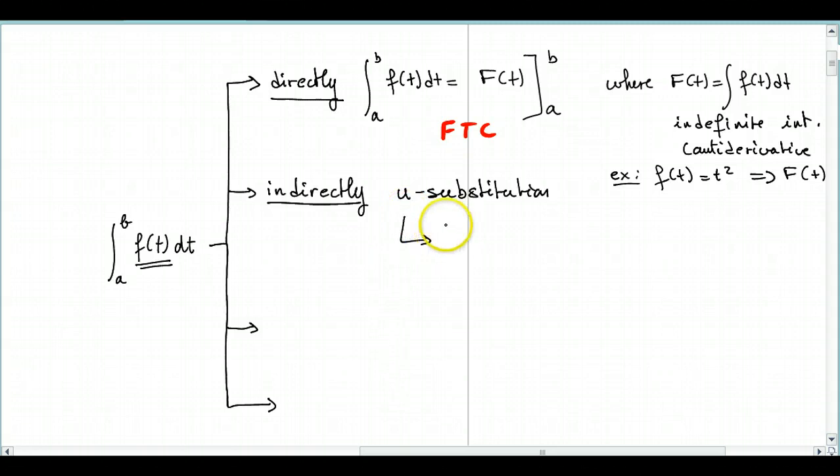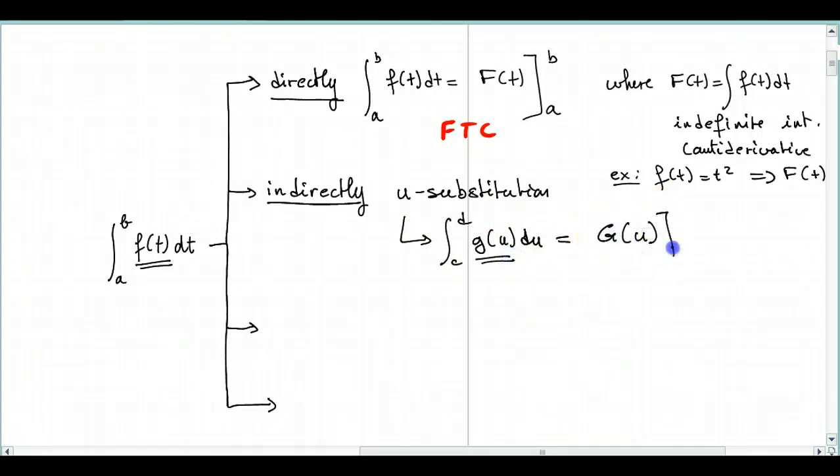And I will rewrite the integral as the integral, not from a to b this time but from c to d for example, of g of u du. After rewriting the whole thing like that, I will be able to take an antiderivative of g, capital G, between c and d, and I got it. These two methods are very similar to each other. The second one, because it's indirect, is slightly longer.